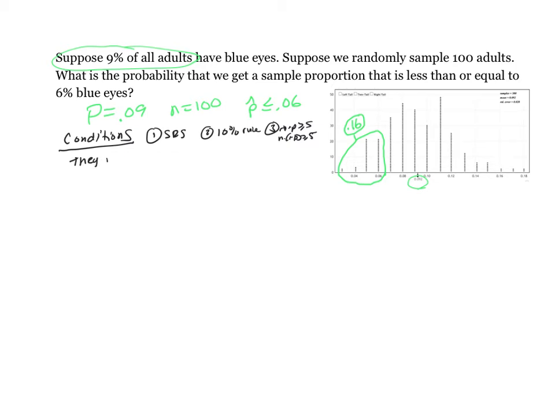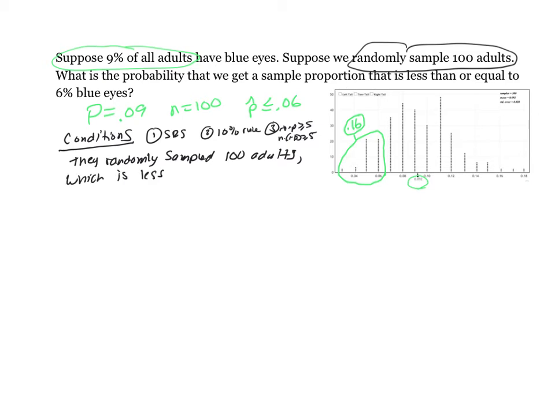something like, they randomly sampled 100 adults. Okay, and how do I know that? Let's write in the sentence here. And then I can say, which is less than 10% of all adults. I think that's a pretty good, easy assumption to make, right?